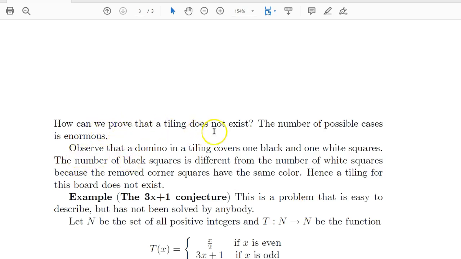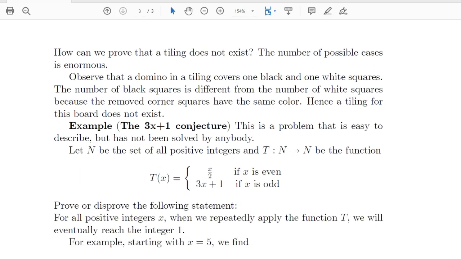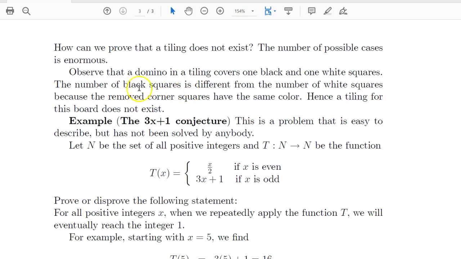How can we prove that a tiling does not exist? There are too many cases to consider here, so solution by proof by cases is not feasible.